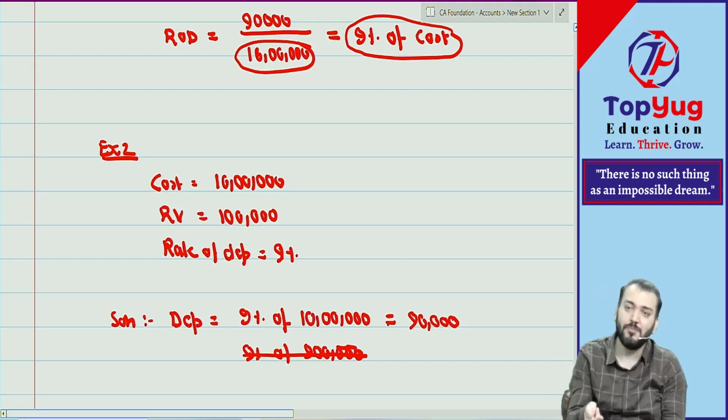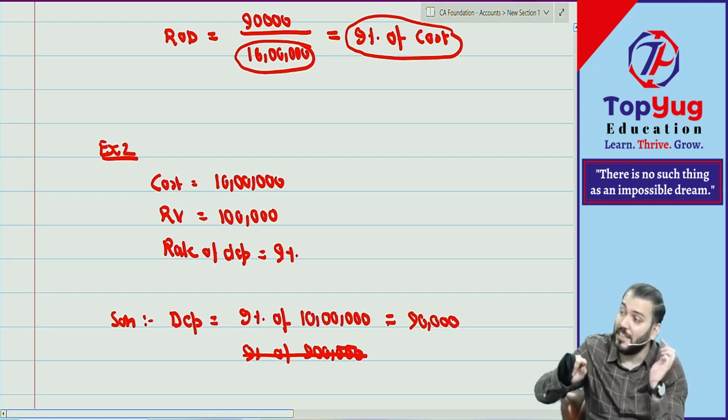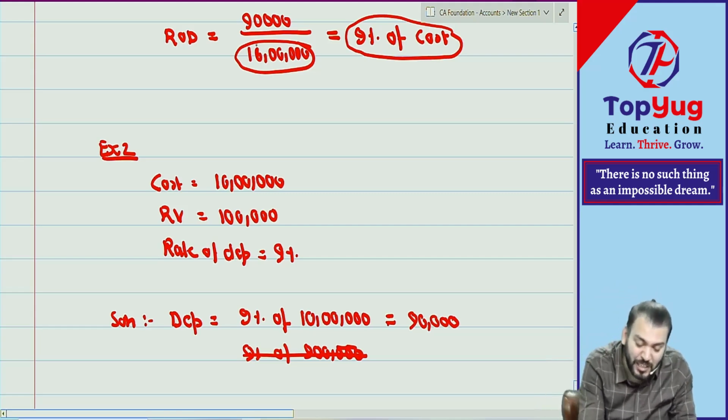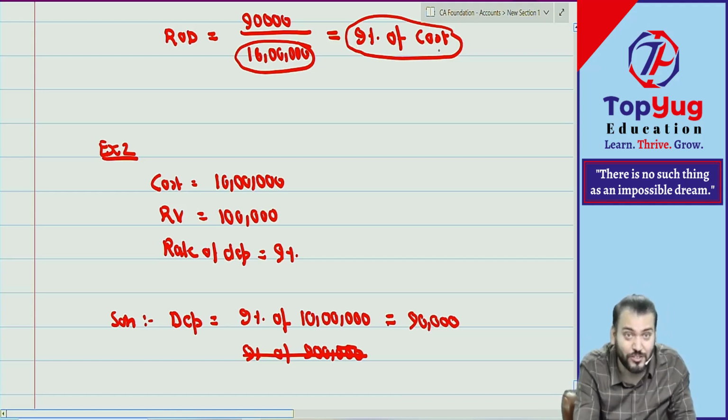So therefore this method is also known as the original cost method. In SLM, rate is always applied on cost, because you calculate a rate based on what? Cost. So this 9% is always on cost. If you have done 90,000 divided by 9 lakh, then this is 10% on depreciable amount.